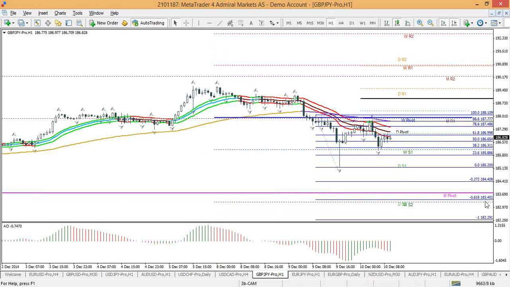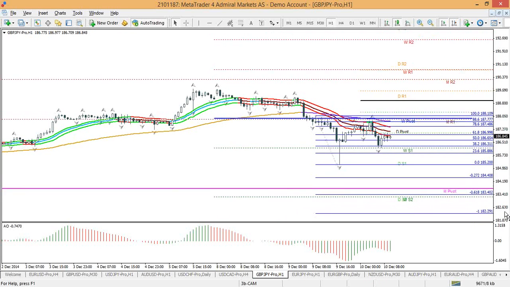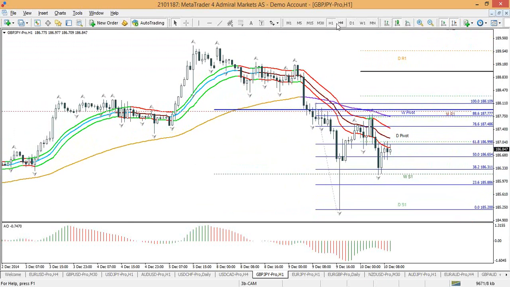And we got a minus 618 target at monthly pivot point, weekly, daily S2. But the primary one for the moment would be minus 272 at 84.40.